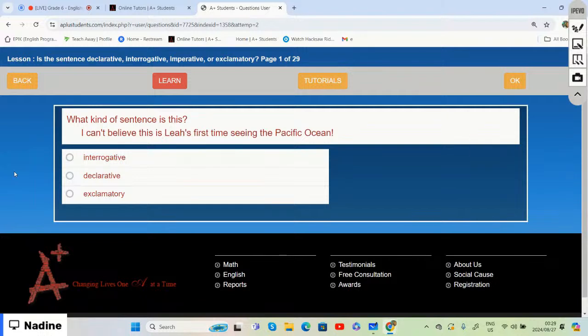Also, look at what the sentence ends with. So, option one, option two, or option three.